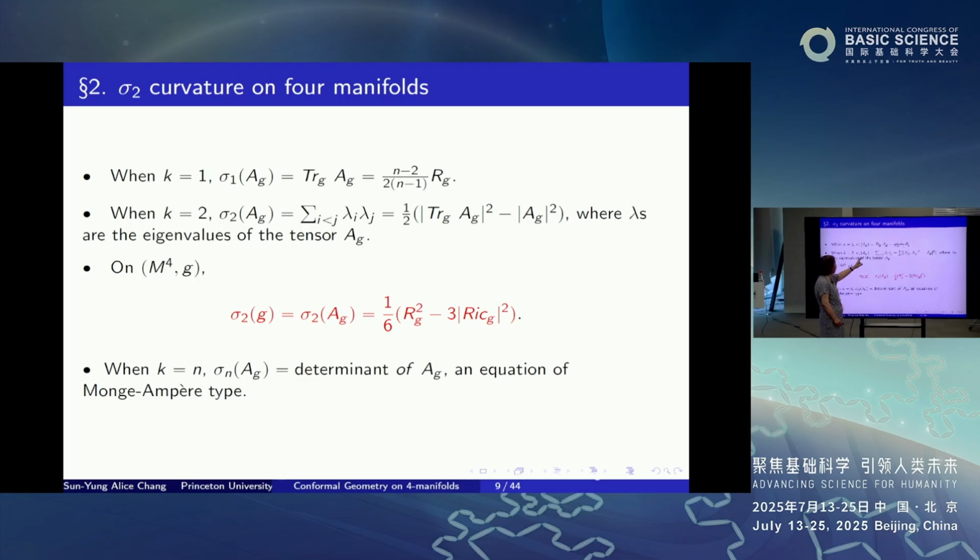And then sigma 2 means the sum of the products of lambda_i and lambda_j, so that means the trace squared minus the norm squared, take one half. And it turns out for this particular Schouten tensor, the sigma 2, the so-called second order elementary symmetric function, happens to be our Gauss-Bonnet integral minus the Weyl part. And sigma n, of course, is the determinant.